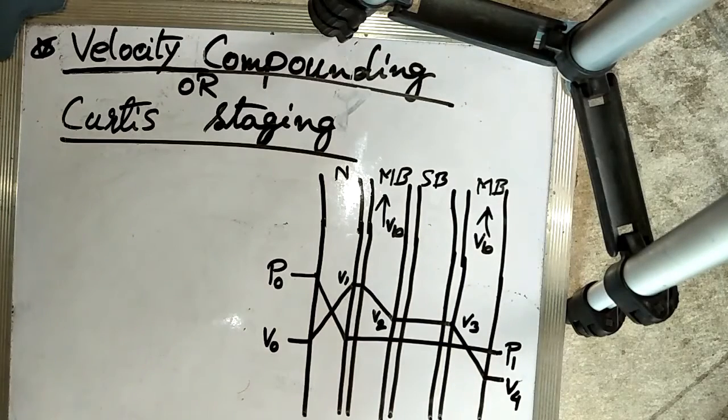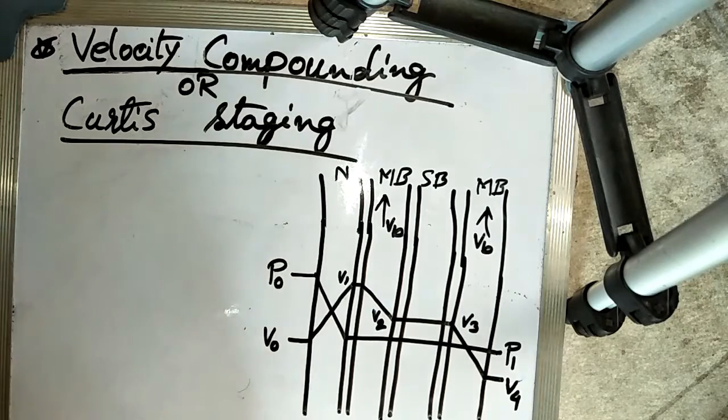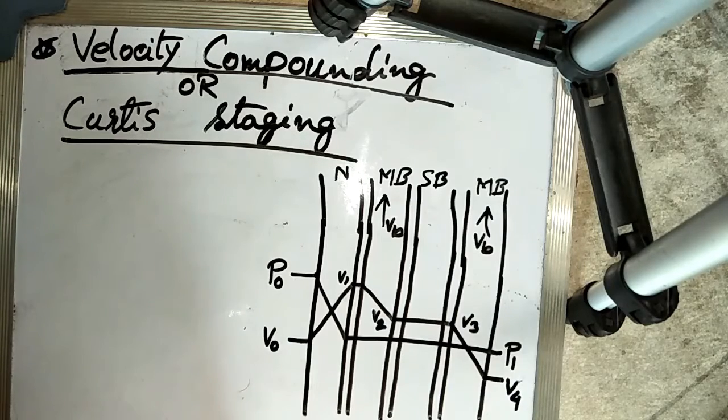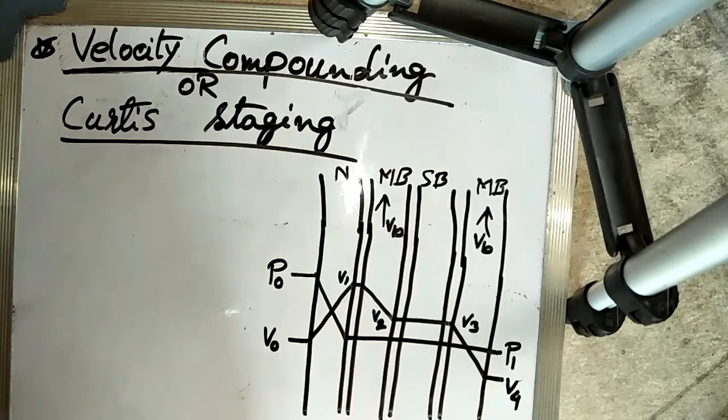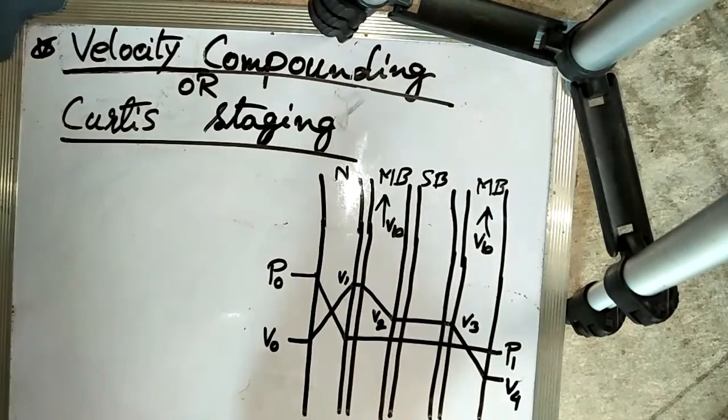Now, velocity compounding, or Curtis staging. In velocity compounding or Curtis staging, all the pressure drop, and hence the enthalpy drop of steam, takes place in a single row of nozzle, and the resultant kinetic energy of steam is absorbed by the wheel in a number of rows of moving blades with guide blades in between two such rows, as shown in this figure.